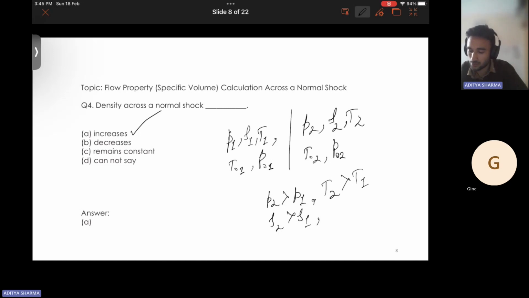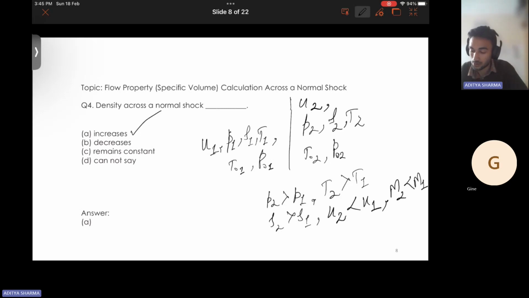But there is one more very important parameter, that is velocity. What happens to velocity? Let's write U2 here. Velocity decreases, right? Also Mach decreases. M2 is less than M1.